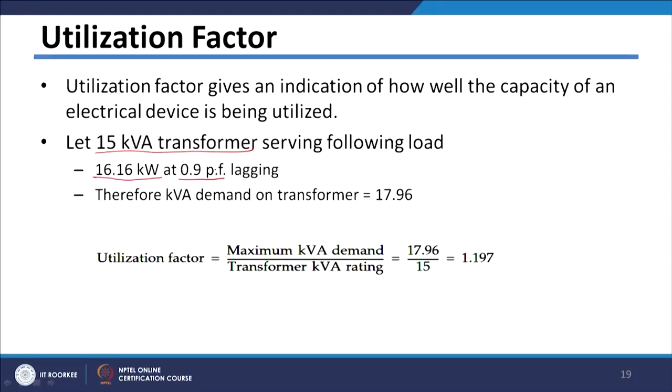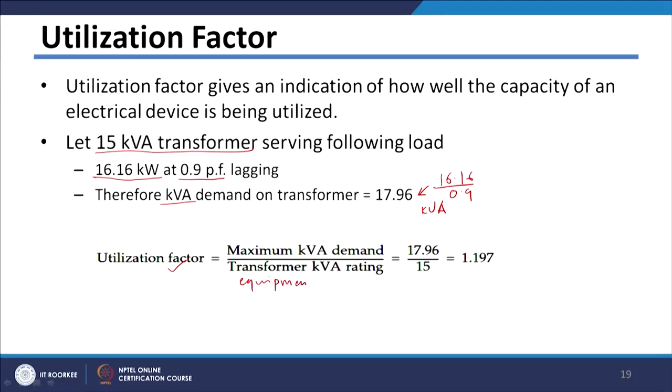In this case, if you calculate the kVA of this transformer, you take 16.16 divided by 0.9, and you will get the kVA demand, which will be 17.96. In this case, utilization factor is defined as the maximum kVA demand of the equipment divided by the kVA rating of the equipment, or instead of transformer, we can say equipment.